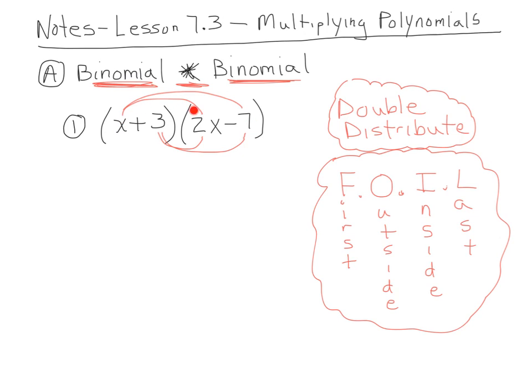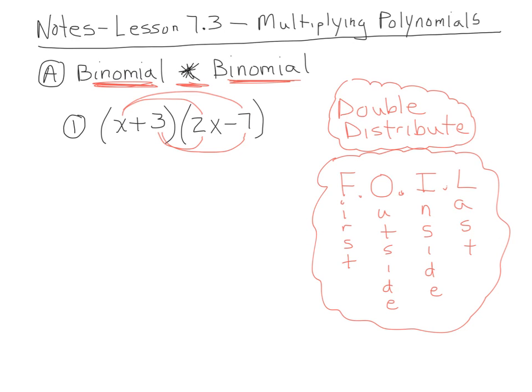And then the I stands for inside times inside. See how these two terms are on the inside of the problem? And then L stands for last times last. The 3 is last in the first group, and the negative 7 is last in the second group.